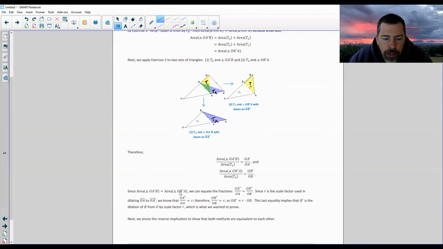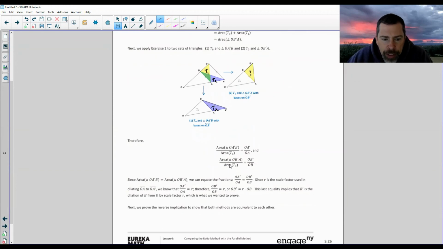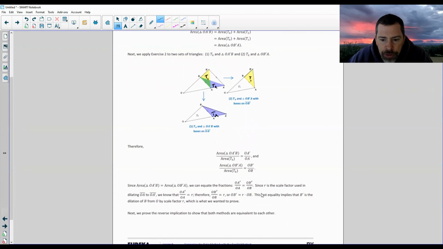Since area of OA prime B equals area of OB prime A, we can equate the fractions. OA prime over OA equals OB prime over OB. And we can do that by substitution. Since R is the scale factor used in dilating OA to OA prime, we know that OA prime over OA equals R. Therefore, OB prime over OB equals R, or OB prime equals R times OB.